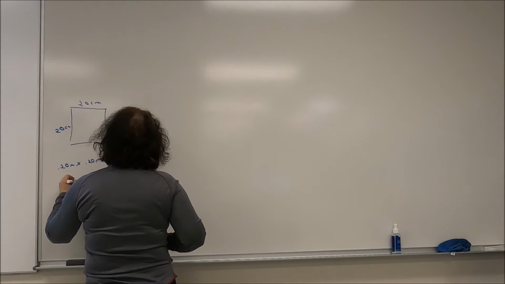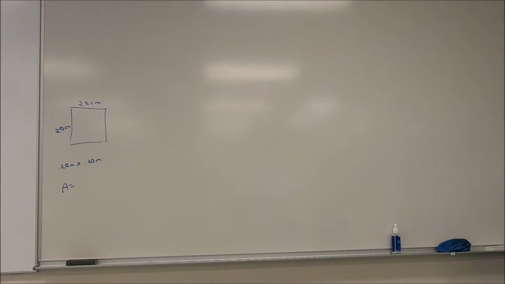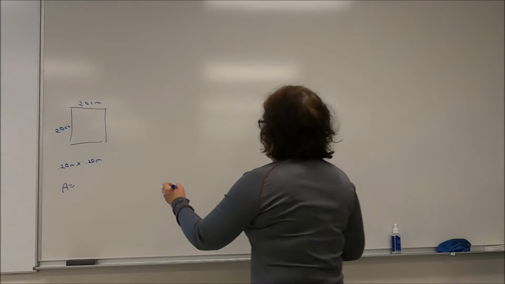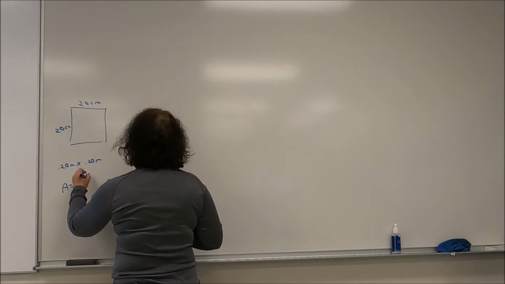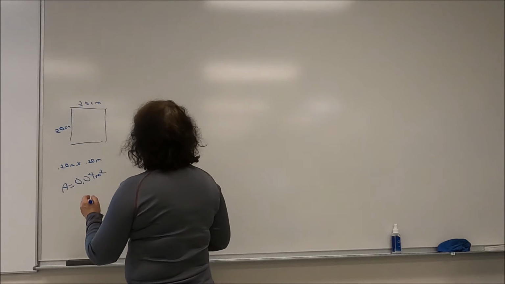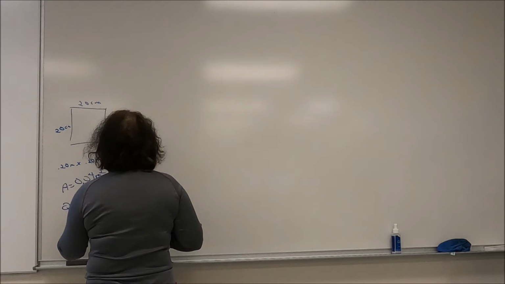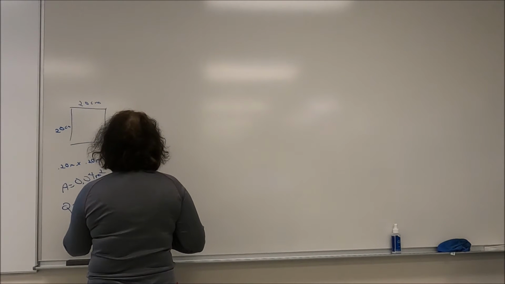So the area is going to be 0.2 times 0.2, which is 0.04 meters squared. And it says the charge Q is 80 nanocoulombs, so that's 8.0 times 10 to the minus 8 coulombs.